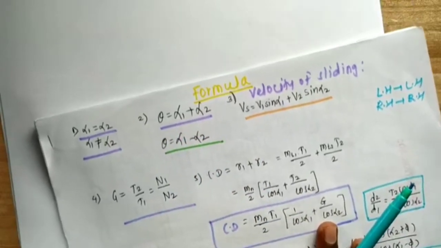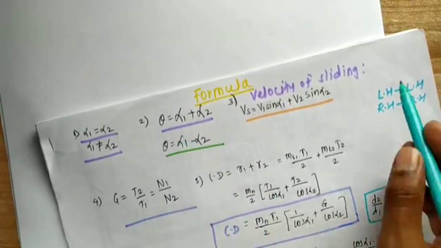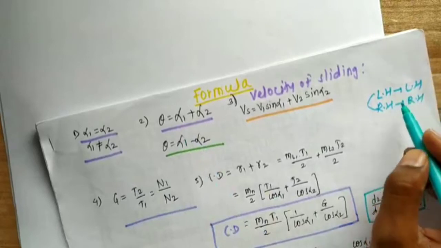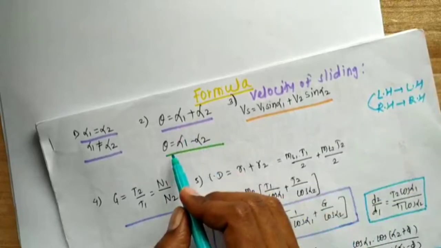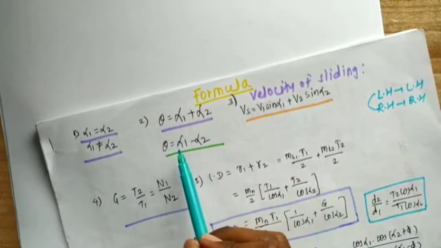If of opposite hand, meaning LH mesh with RH or RH mesh with LH, then theta is equal to alpha 1 minus alpha 2.